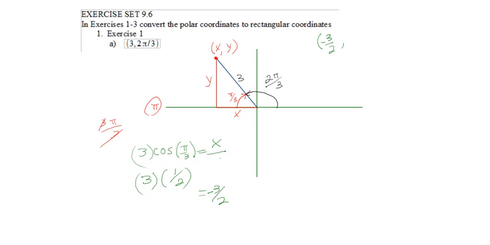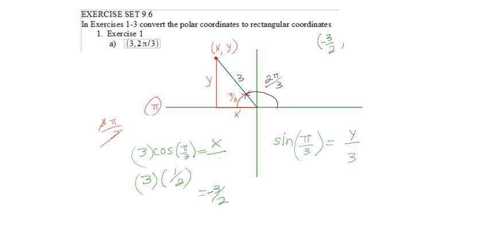To calculate y, I follow a similar procedure. I know that sine of pi over 3 is equal to y, opposite over hypotenuse.